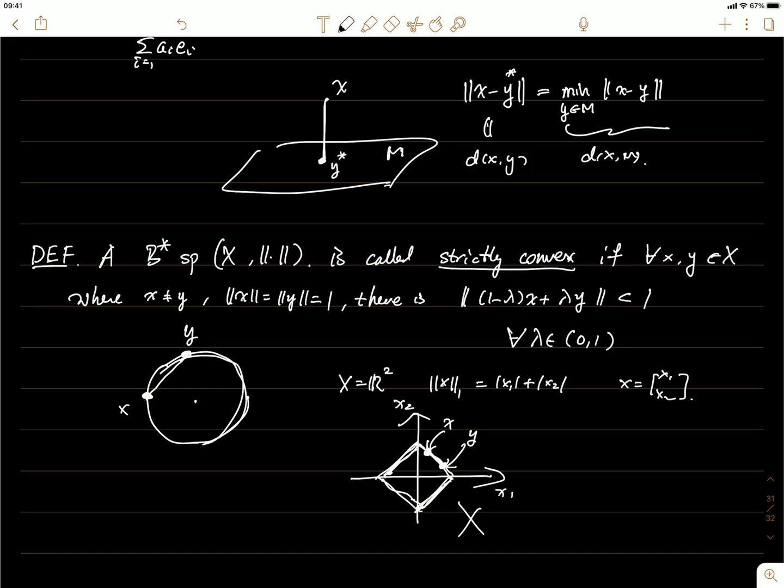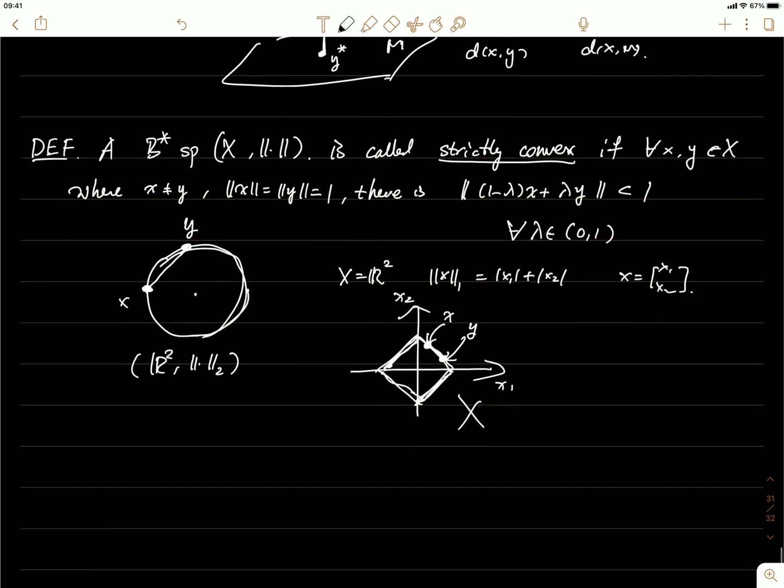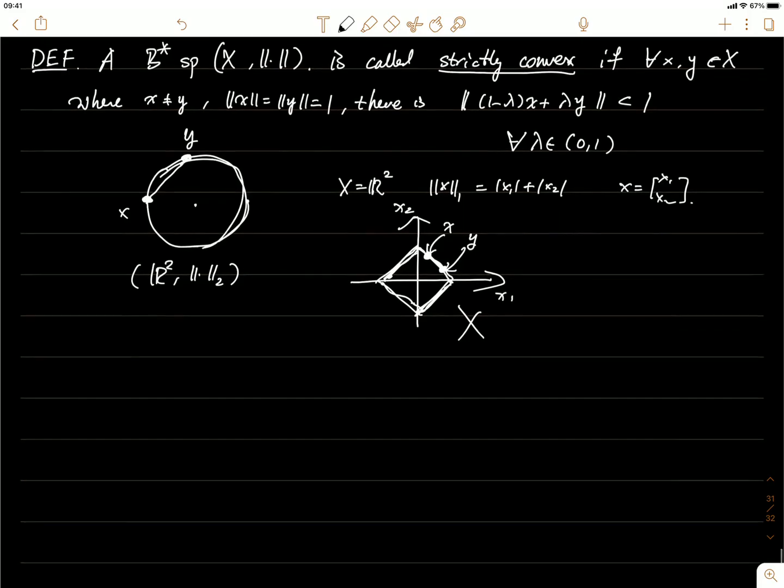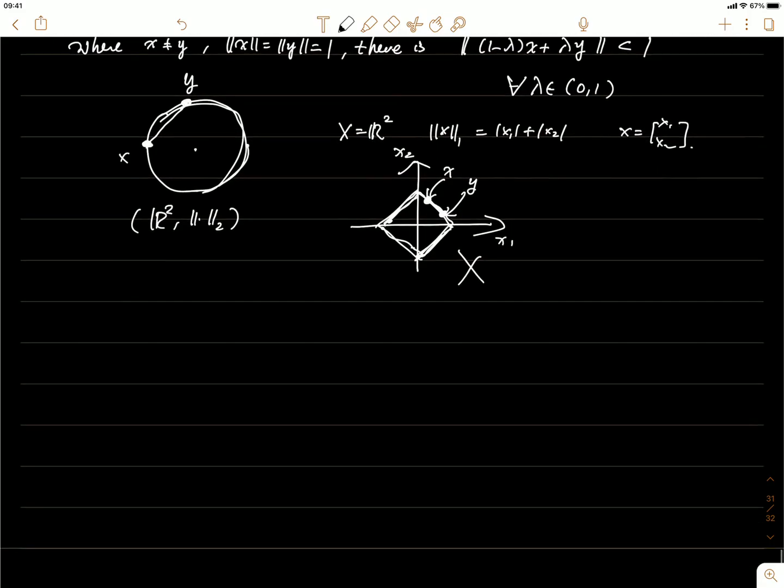But if I replace this by the 2 norm, that will be what we have on the left. If I have this standard 2 norm, then this is the strictly convex set. So that's the difference. We'll see several more examples later.